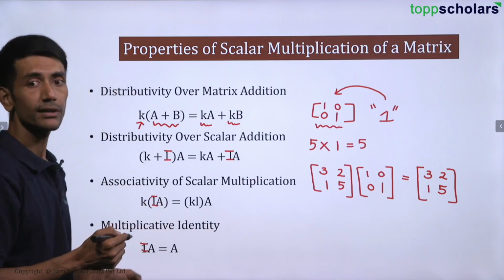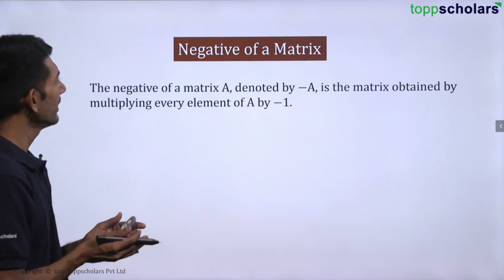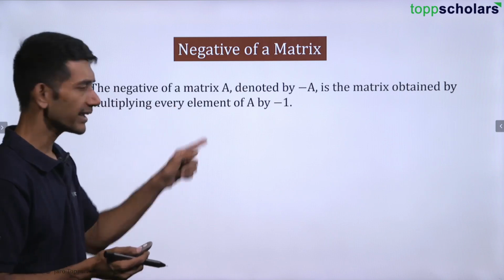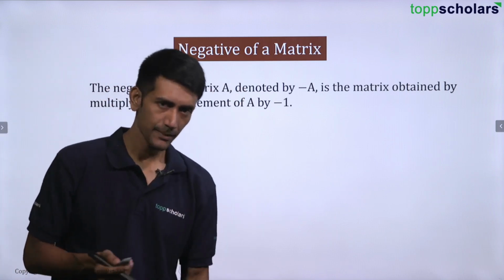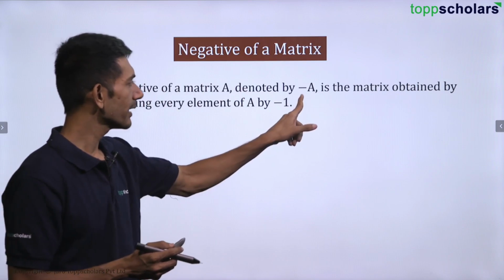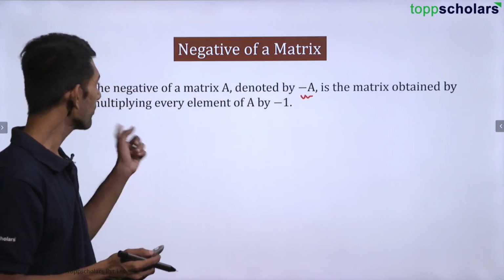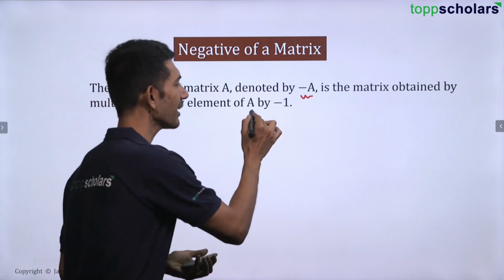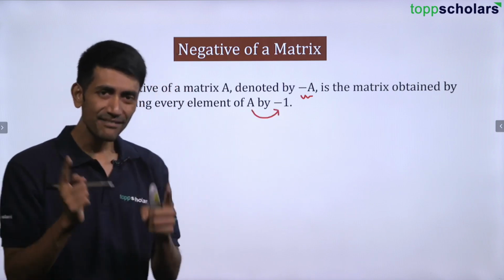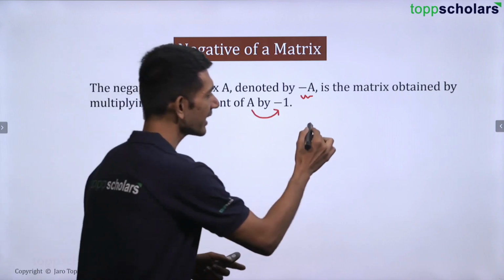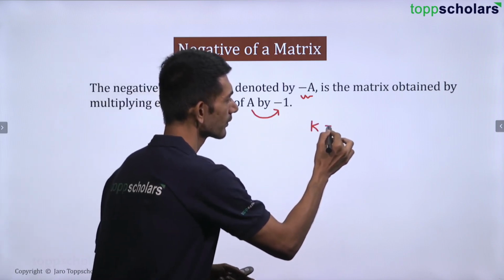Okay, let's continue further. Negative of a matrix. It's very simple. If you have a matrix A, the negative is denoted by minus A, and is the matrix obtained by multiplying every element of A by minus 1. So every element you will multiply by minus 1, right? The scalar K here is minus 1.